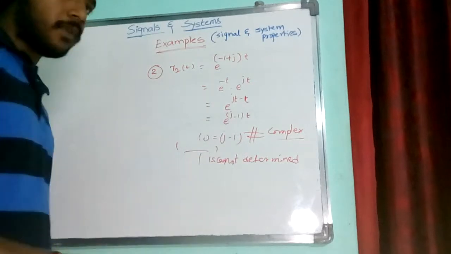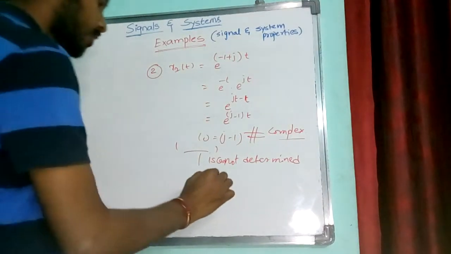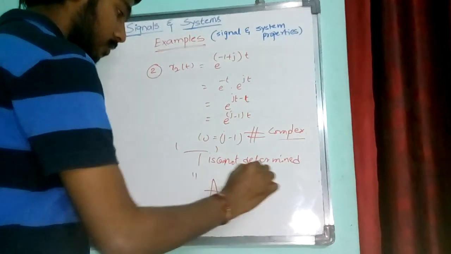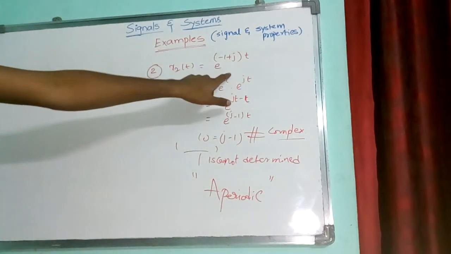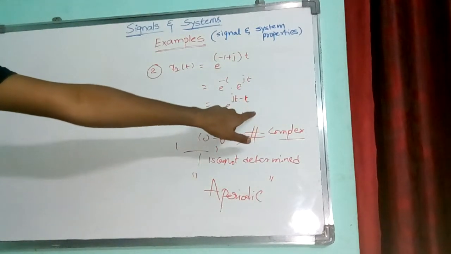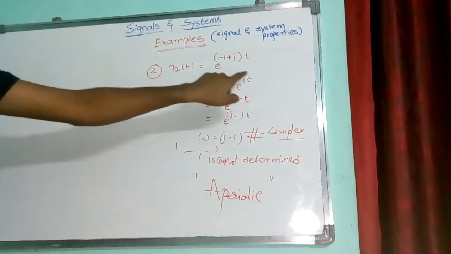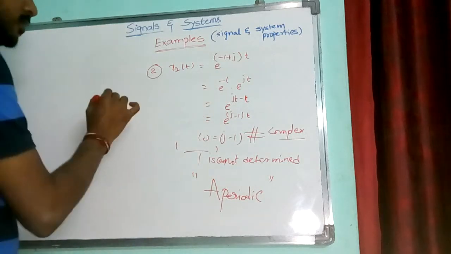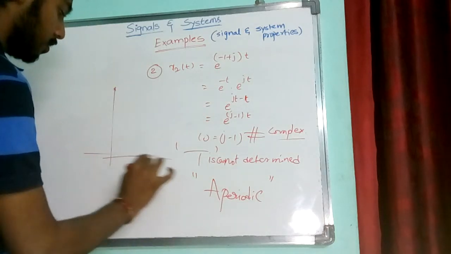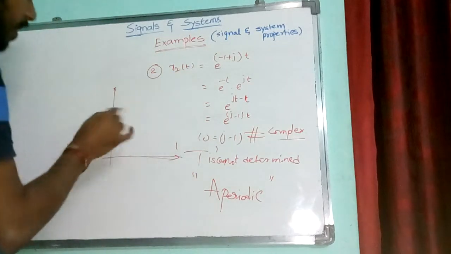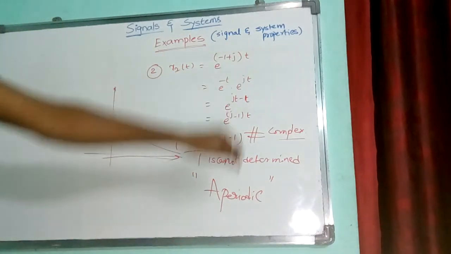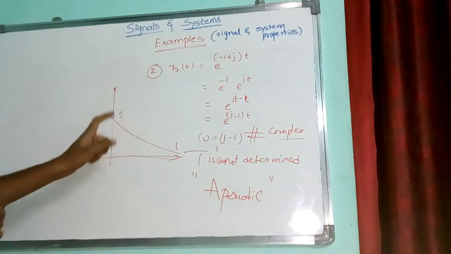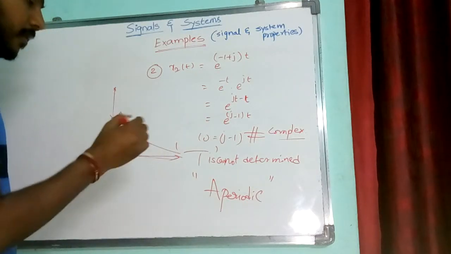So as I cannot determine the time period, this is an aperiodic signal. This is a complex exponential signal, but I cannot determine its time period, as I have a real decaying component and a complex component. e power minus t is a decaying signal, whereas e power jt is a complex signal.